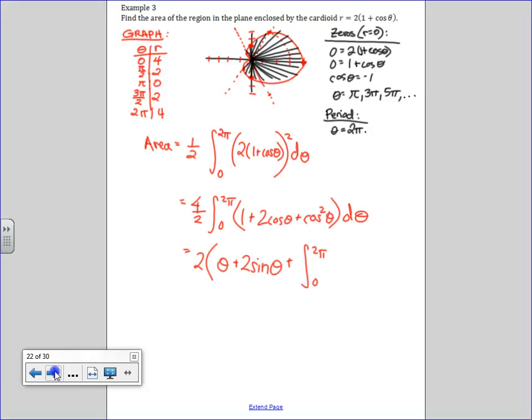Identities. 1 minus sine squared, I still have a squared. Power of this: u is cosine, du is sine.